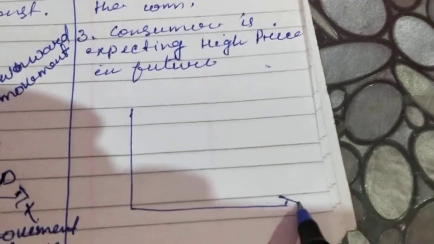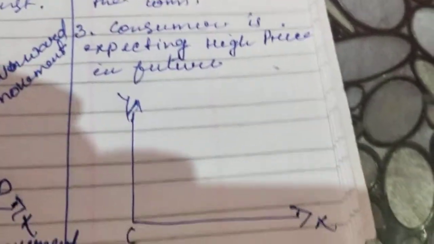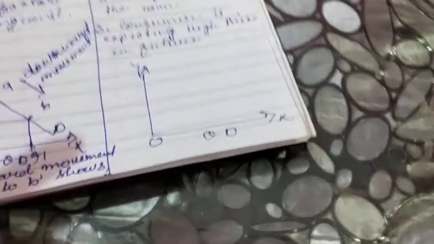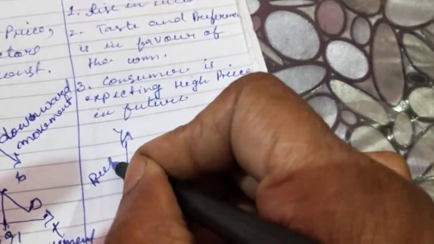Now we'll draw the diagram of increase in demand. That is very easy. So again we'll draw the X-axis, Y-axis, O. Here we show quantity demanded, and here we'll show price.